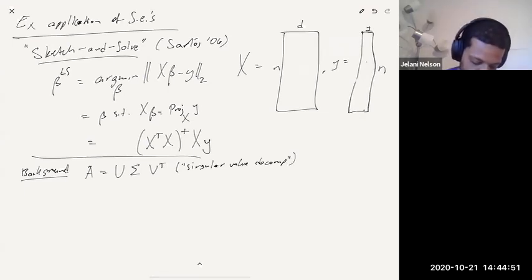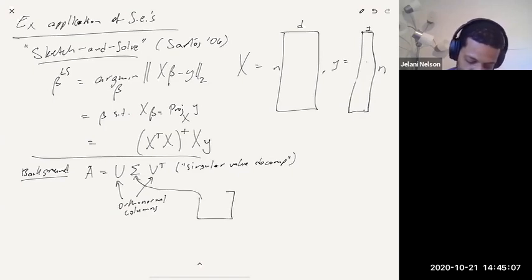Where U and V each have orthonormal columns. And sigma is some square matrix where the dimensions are both equal to the rank of A. And it's a diagonal matrix that has numbers on the diagonal which are strictly positive.